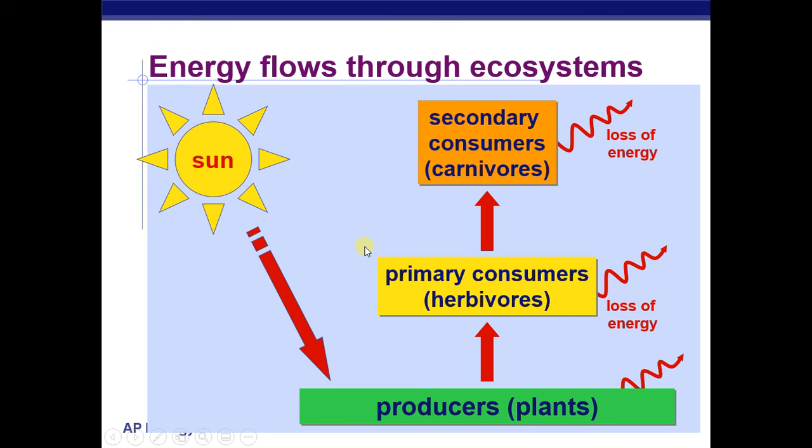For example, if you have a cow, which is a primary consumer, a herbivore, it takes about 10 pounds of grass producers for every 1 pound of cow because of this energy inefficiency. And that energy inefficiency becomes even greater as you get towards the top. So that's why it takes so much land to raise cattle and why meat is so expensive.